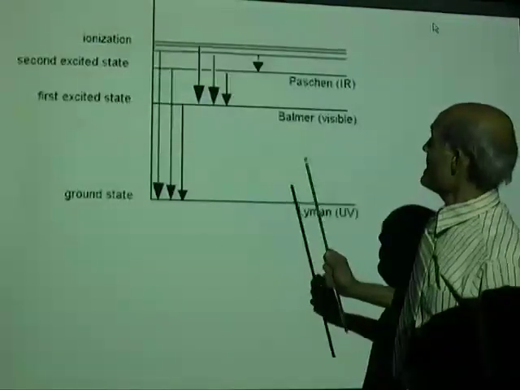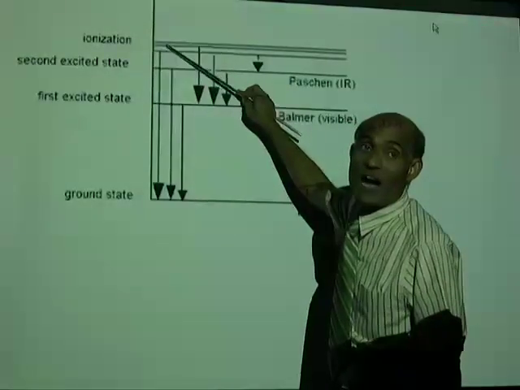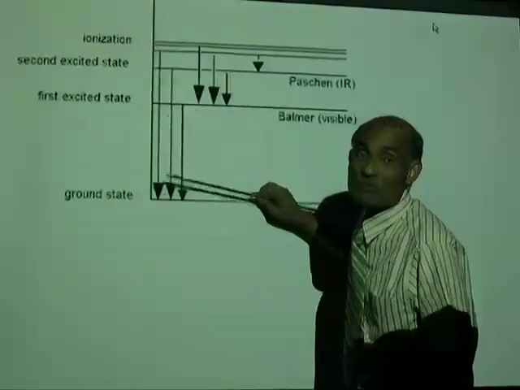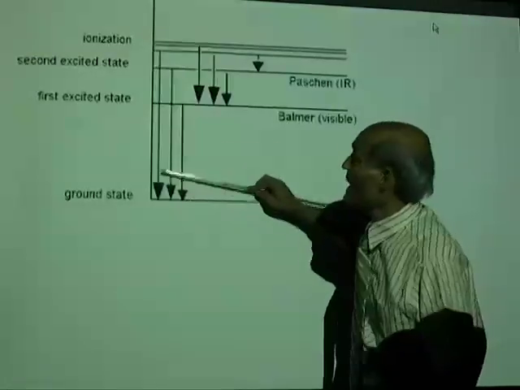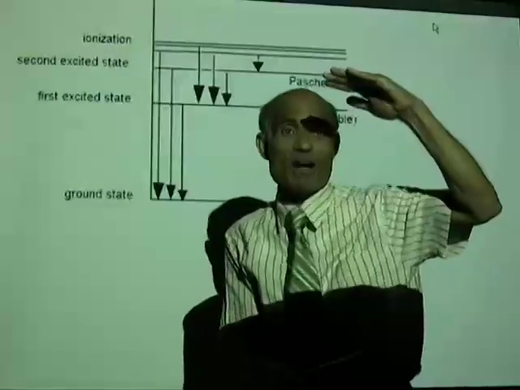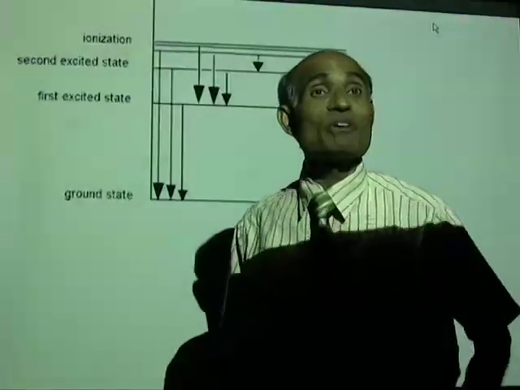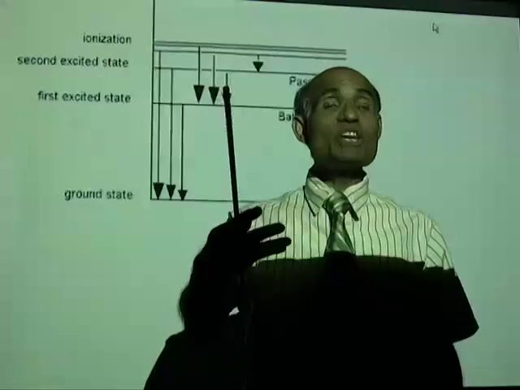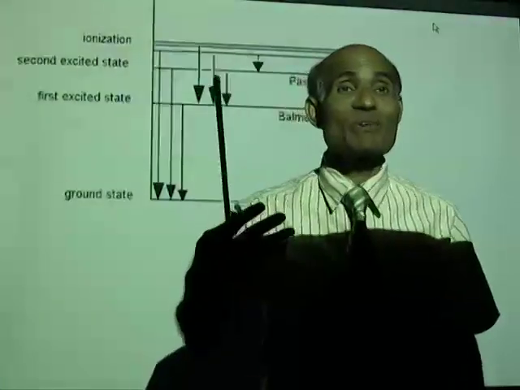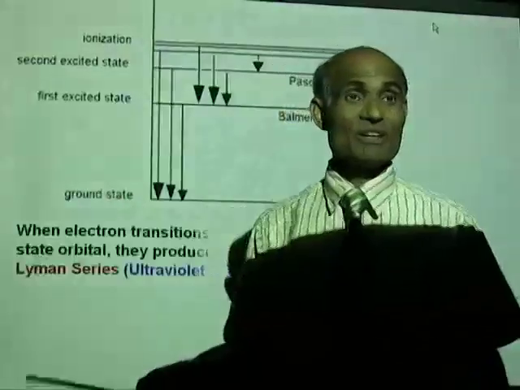All right. Now, what happens if electrons from the higher excited state jump to the ground state? The energy difference there is very high. That means the frequency of those radiations will be very high. And those radiations are the ultraviolet radiations, because ultraviolet radiations carry very high frequency.